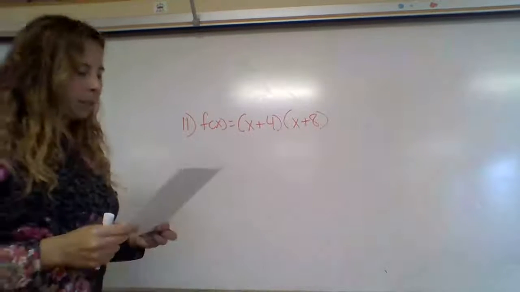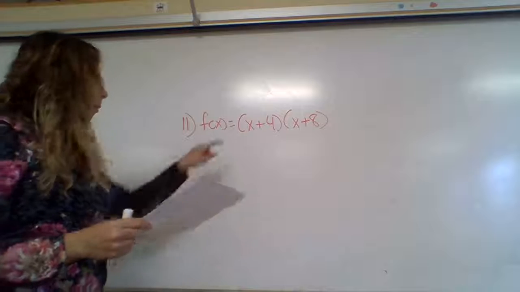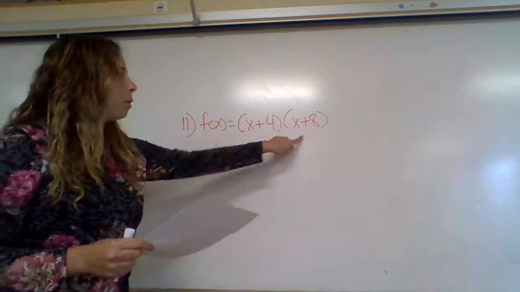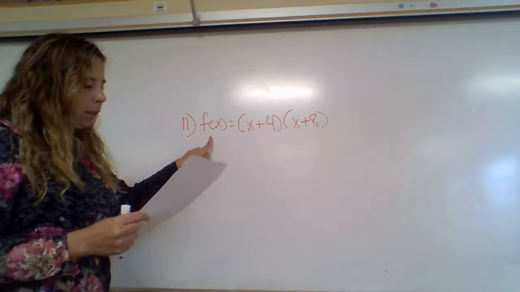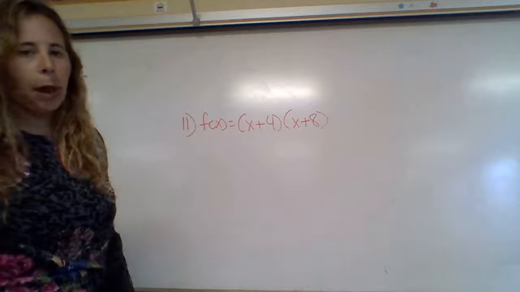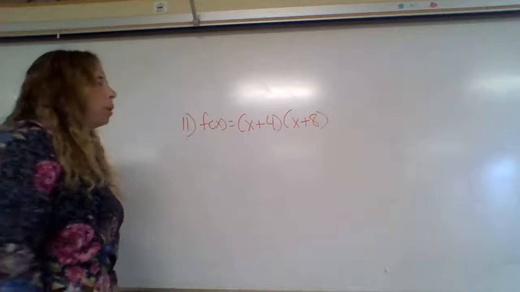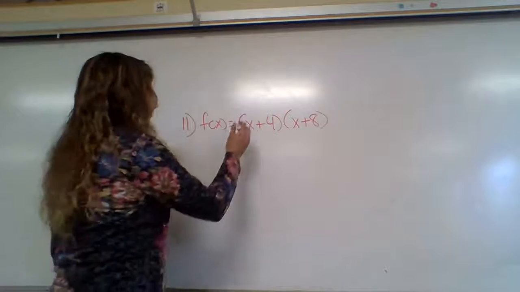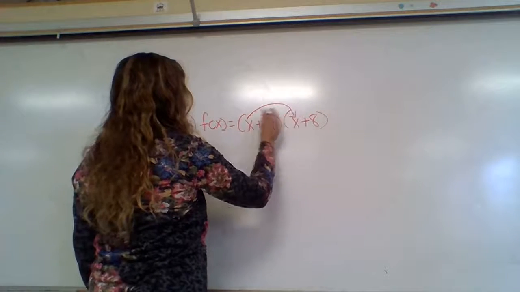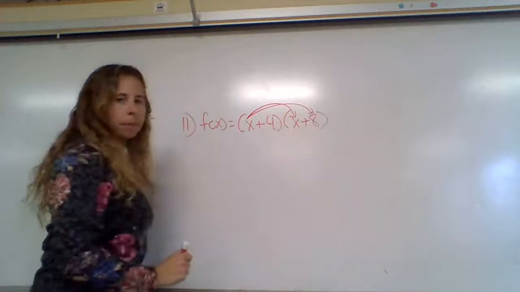So number 11 says, given factored form, this is factored form of a quadratic, convert to standard form. So how you do that is by FOILing, which is our two-part distribution. So start with your x.